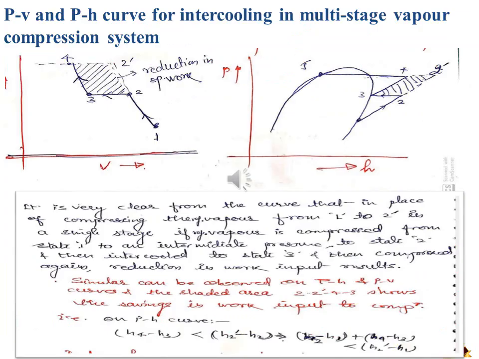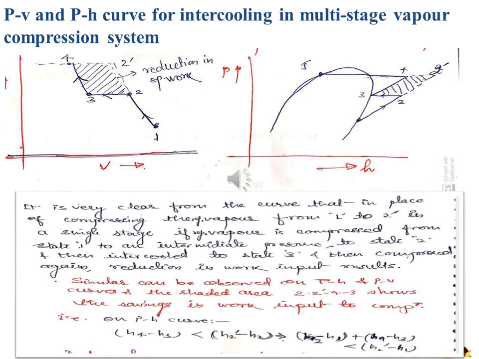To better understand the concept of intercooling in the multi-stage vapor compression refrigeration system, we will discuss it with two curves: the pressure versus volume curve and the pressure versus specific enthalpy curve. On my left side is the pressure versus volume curve. Here we can clearly see the points 1, 2, 2 dash, 4 and 3.